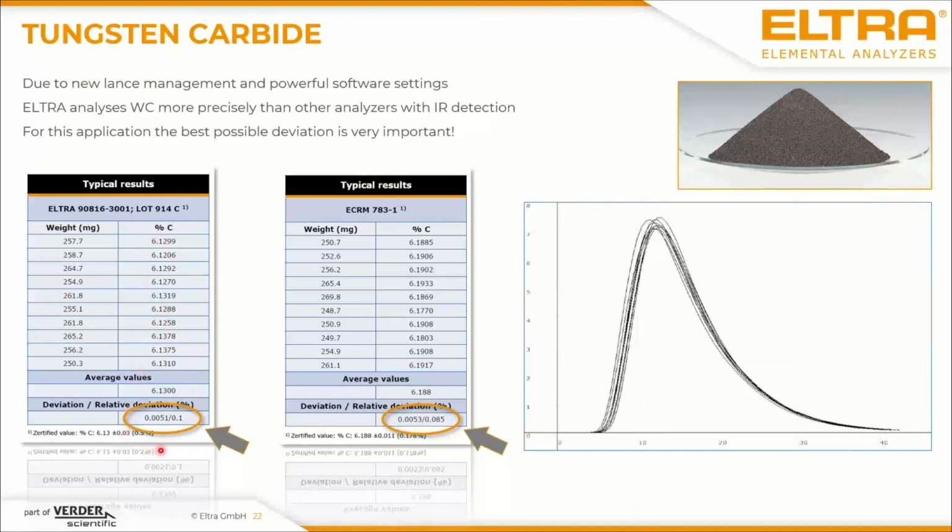You can see, and we are really happy about it, that we can get a relative deviation of 0.1% or even lower for tungsten carbide. That's actually a really good, market-leading result, I would say. So tungsten carbide can be accurately measured, so producers may distinguish even small changes of carbon content within their sintering processes.